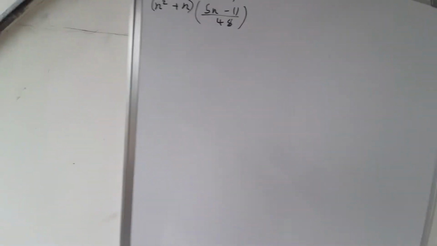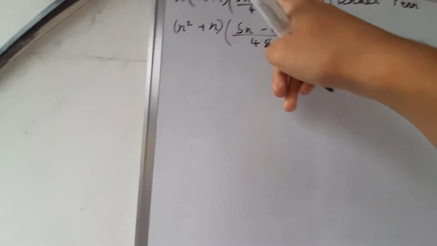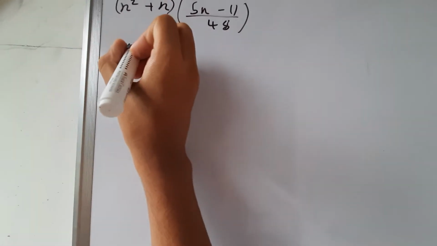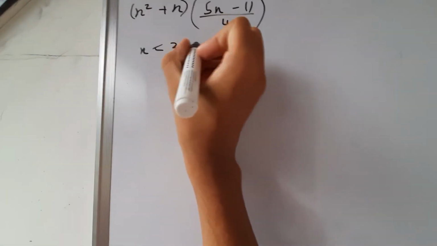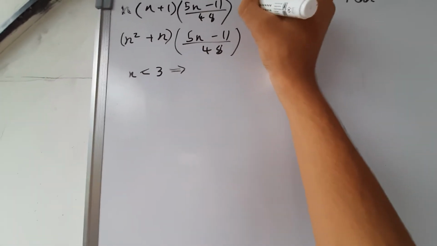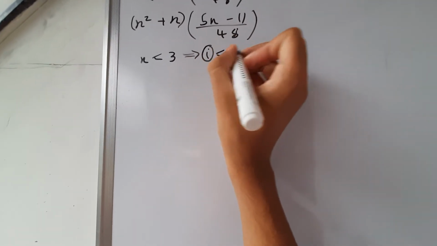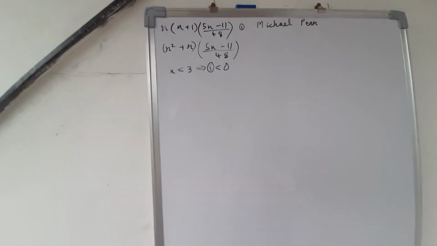Just off the bat we can say that any value of n that's less than 3 will imply that this expression, I'm just going to name this 1, is less than 0. It's quite elementary to see that.